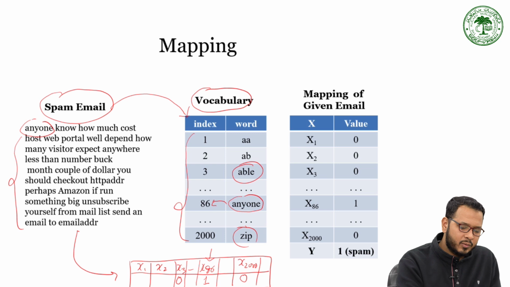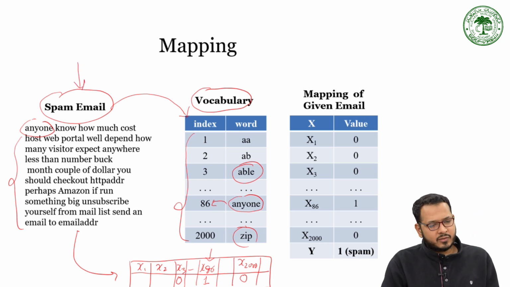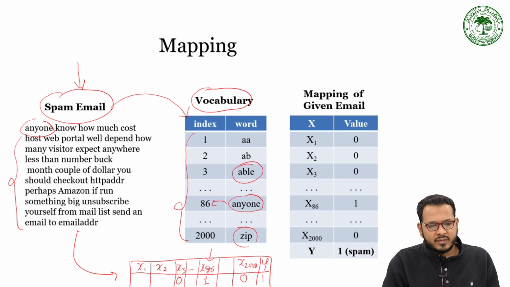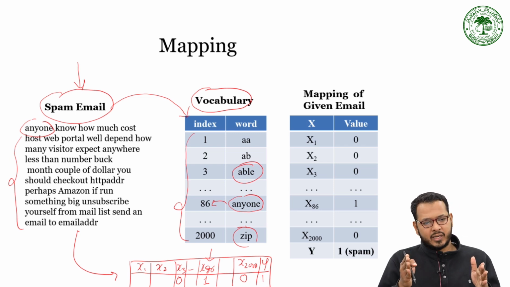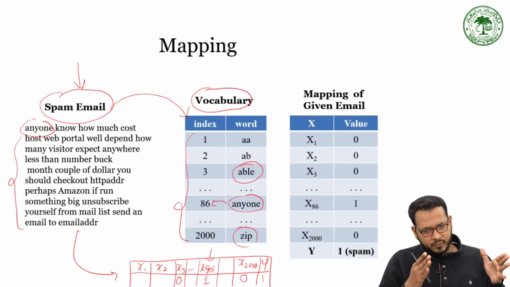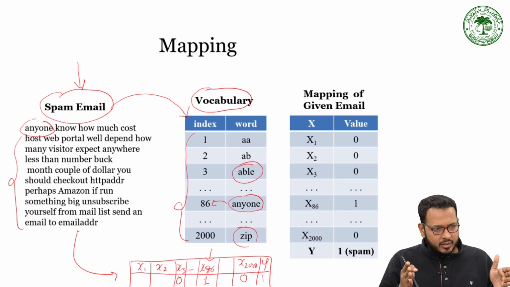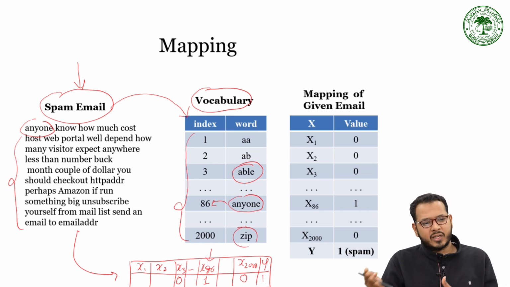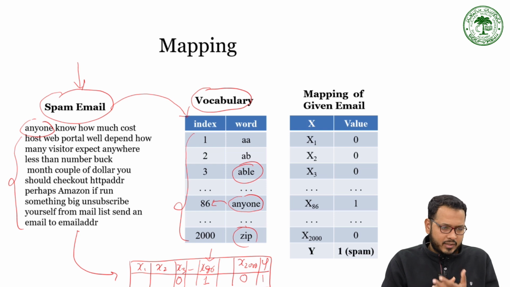And since this email is already given to us as a spam email, the corresponding y value would be 1, where 1 represents spam. So what we are trying to see here is which words of the vocabulary are also there in the spam email, and what the corresponding class, the y value, is.